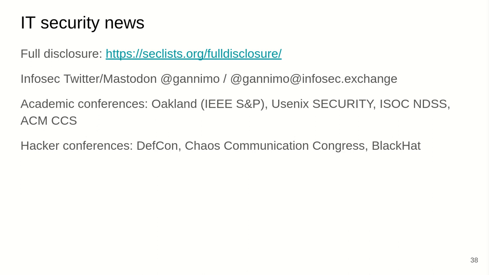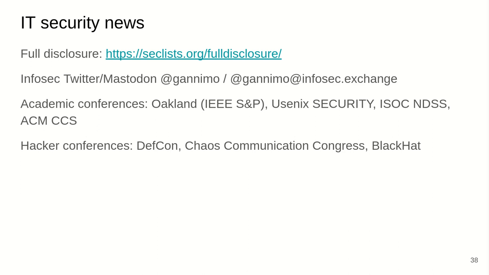There's Oakland, Usenix Security, NDSS, and CCS. And if you Google for these conference names, you will find the major pages, and you can access the different papers there. What I also encourage you to attend are hacker conferences. These are more informal conferences where you will learn about the latest exploitation techniques and also much more focus on a given bug.